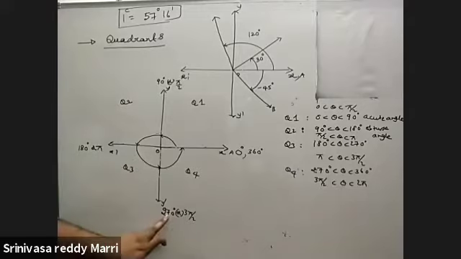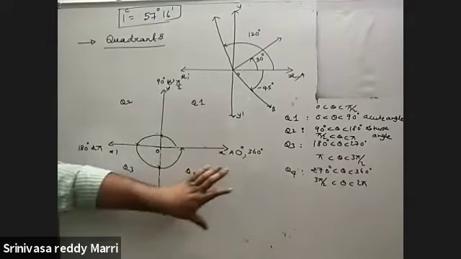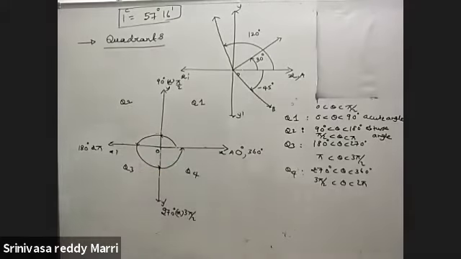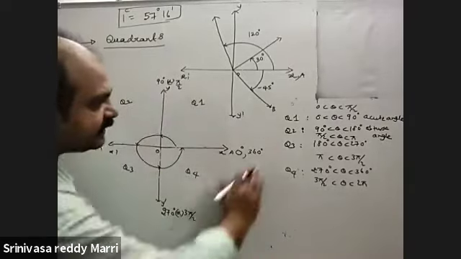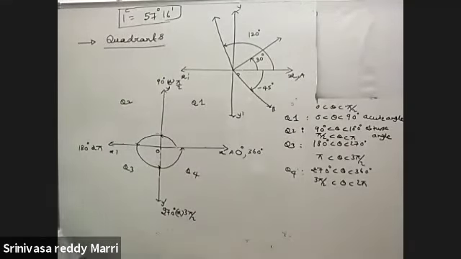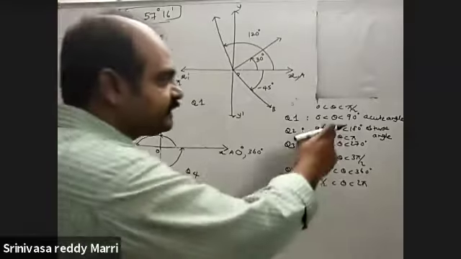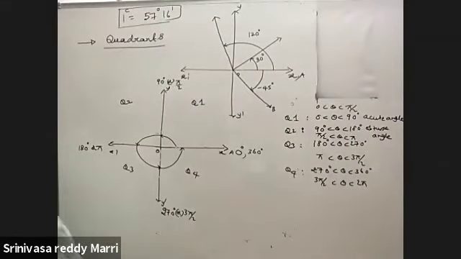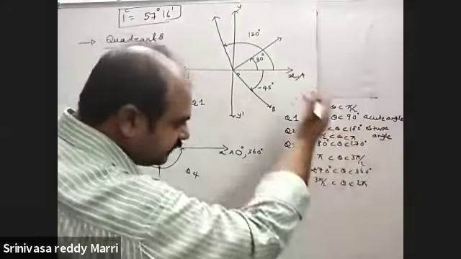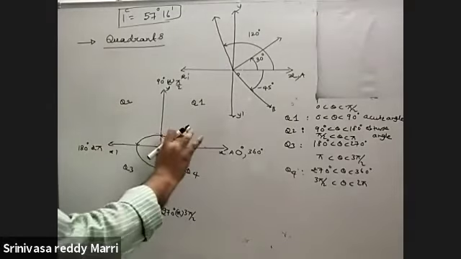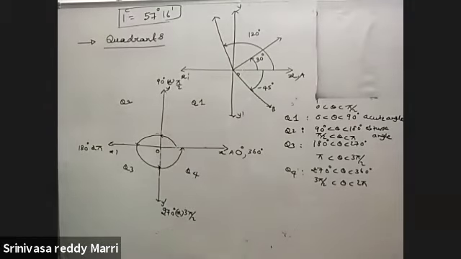If the angle lies between 270 and 360, the terminal ray will lie in quadrant 4. Like that, depending on the angle, the complete XY plane is divided into 4 quadrants. In future problems, you have to write the quadrant in which theta lies. That is the quadrant concept of angles.